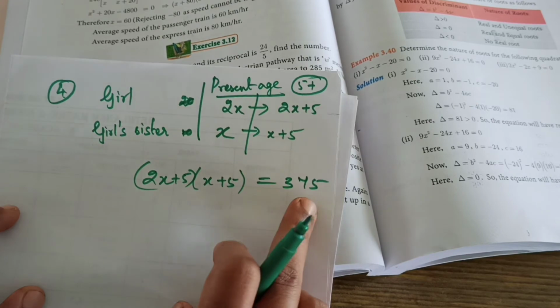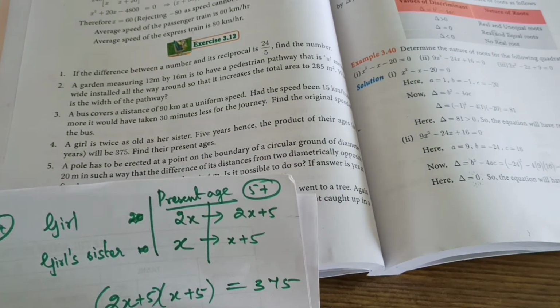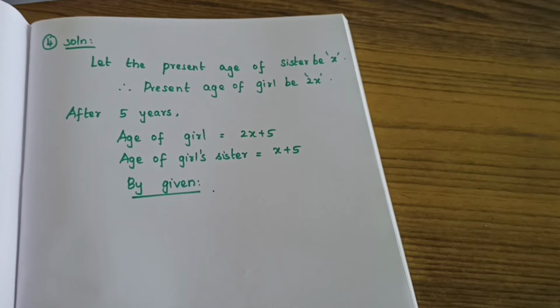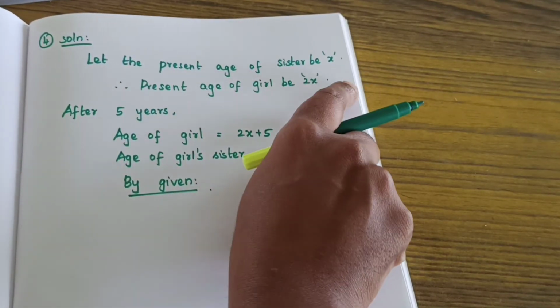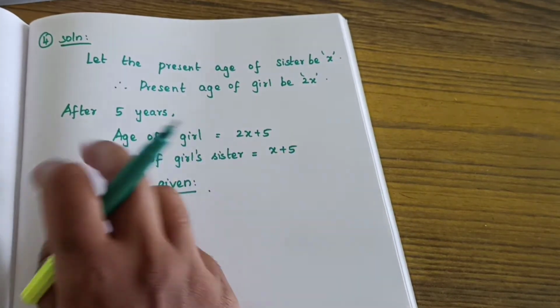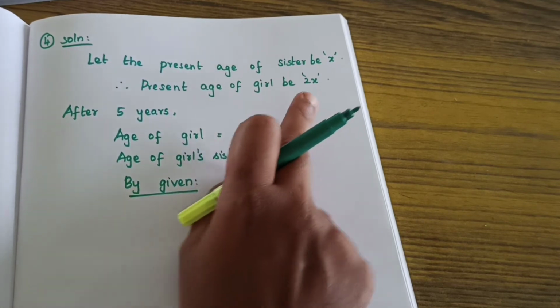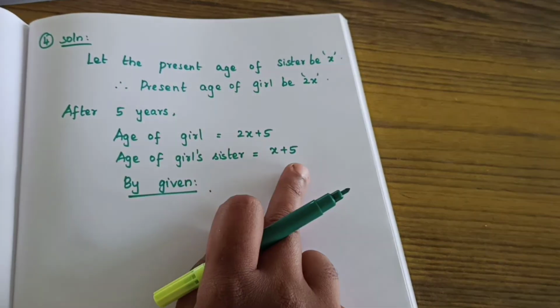So the product is 375. We need to find the present ages. Shall we solve now? Listen dear students. Fourth question. The present age of sister be x. So the present age of girl be 2x because twice. Then after 5 years, age of girl be 2x plus 5 and age of girl's sister be x plus 5.